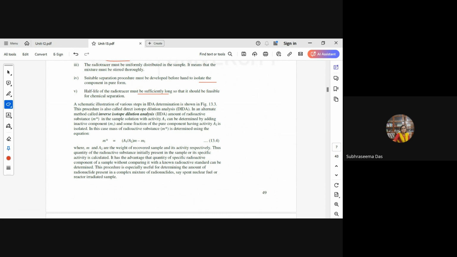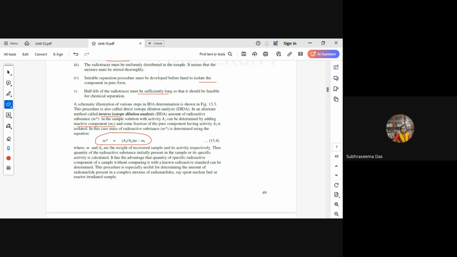Now we also have an alternative method to DIDA, which is called inverse or reverse isotopic dilution analysis, that is RIDA. In RIDA, the amount of radioactive substance in the sample can be determined by adding an inactive component, and in this case M star is determined using the equation shown in figure 13.4.